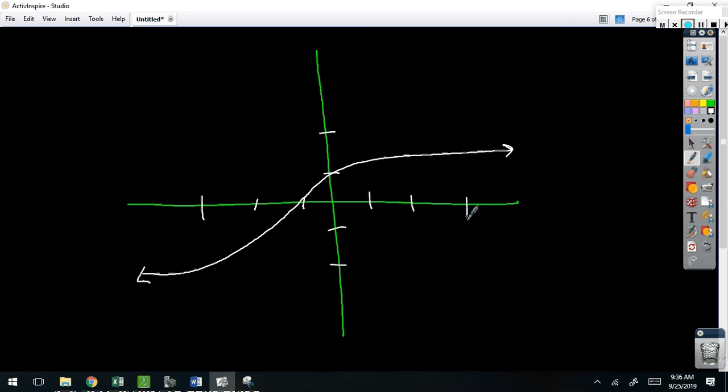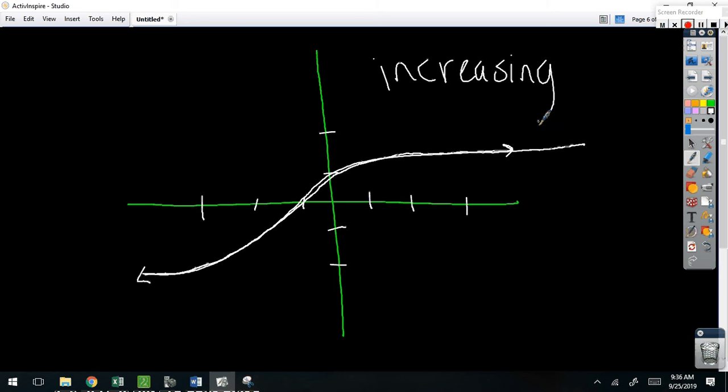Increasing? Always? Decreasing? You tell me as you move left to right. I'm going up, up, up, very slightly still going up. It's always increasing. So this function is increasing on the interval. How do I say always? Negative infinity to infinity. Always increasing.